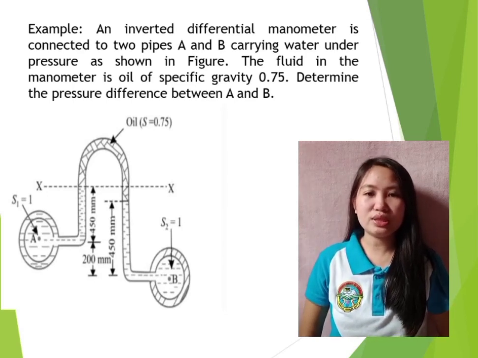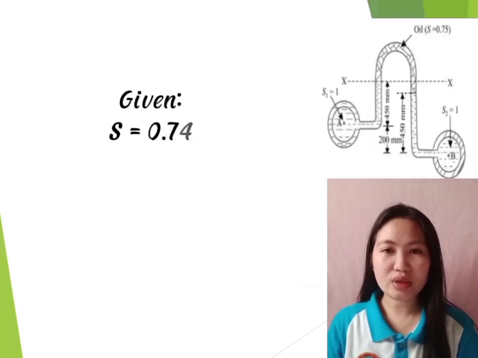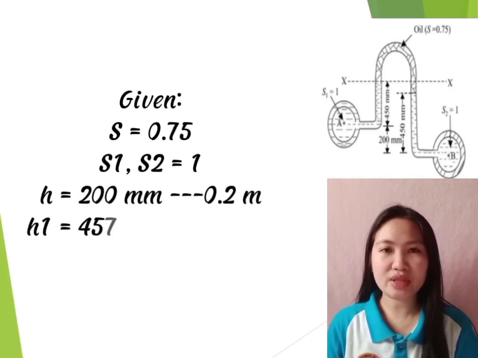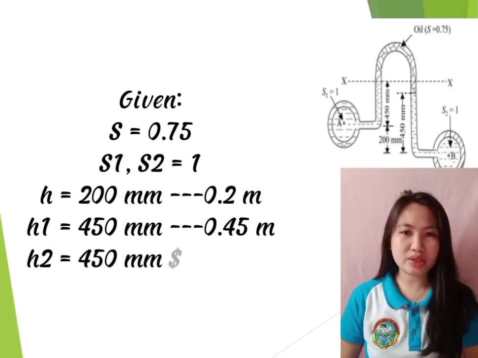Determine the pressure difference between A and B. Given the specific gravity of oil, S, is equal to 0.75, and S1 and S2 are 1. The difference of oil in the two limbs is 450 plus 200 minus 450, which is equal to 200 millimeter. Let's convert it to meter. It's 0.2 meter. H1 and H2 are 0.45 meter.